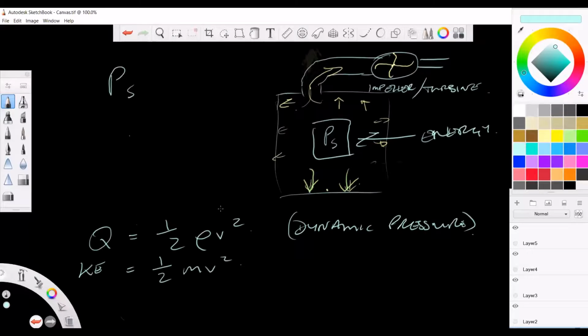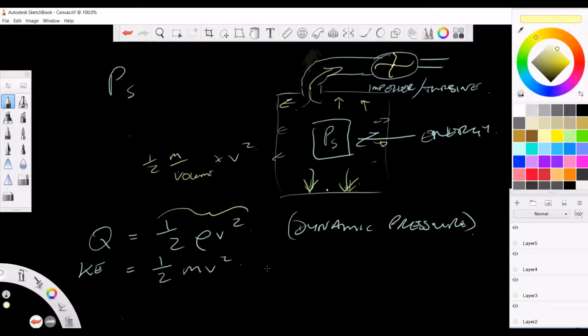Now, these are remarkably similar. This is half, well, rho is mass per volume, mass divided by volume, times v squared.